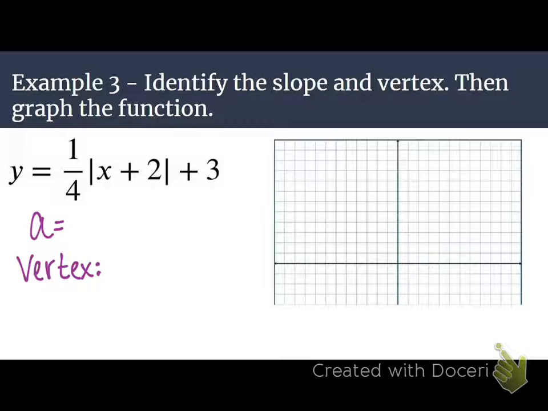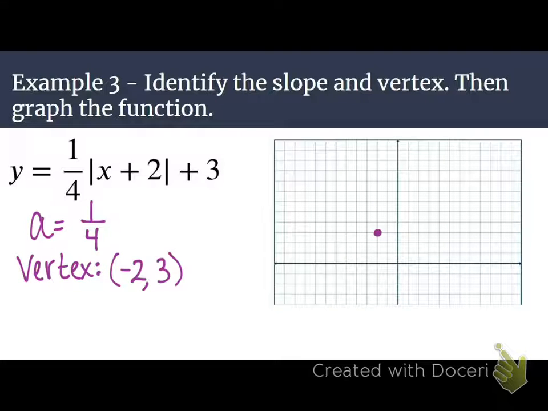Okay, what is my slope on this one? 1 over 4. What about my vertex? Very good, negative 2 comma 3. We start our graph at the vertex. So where do I go to get to my vertex? Left 2, up 3.